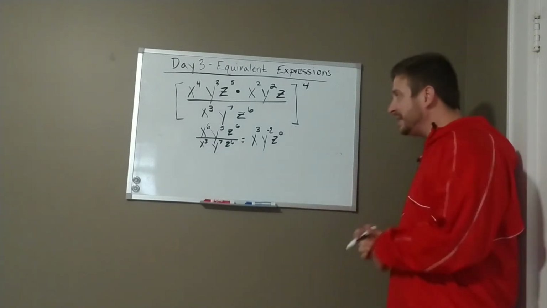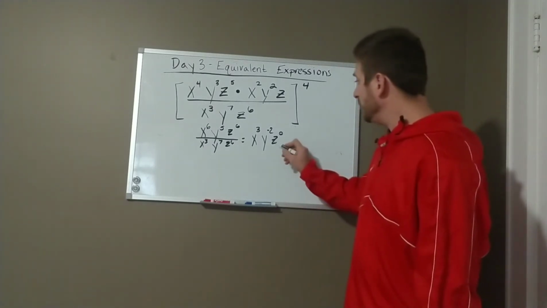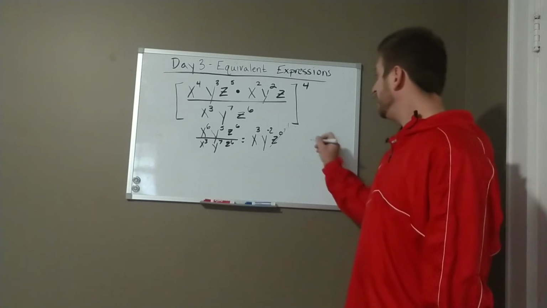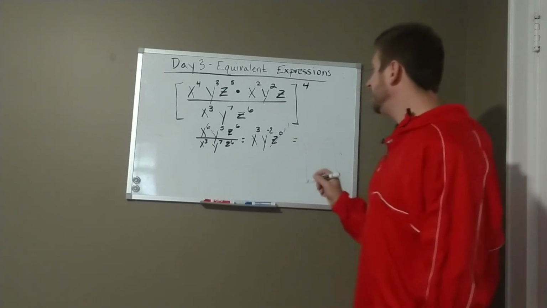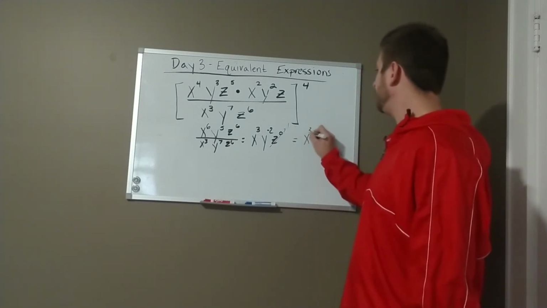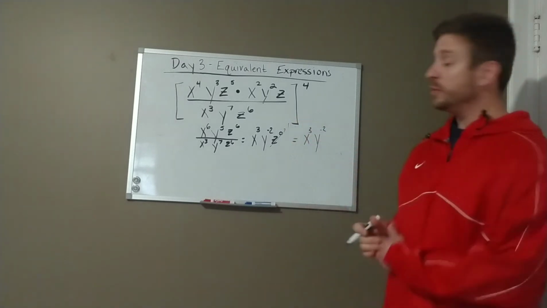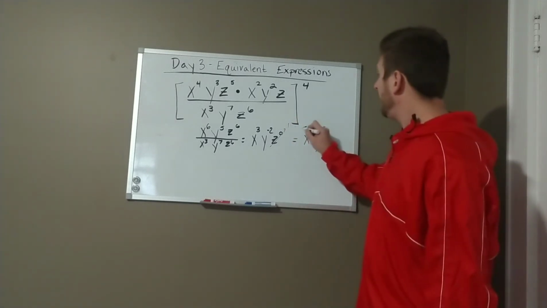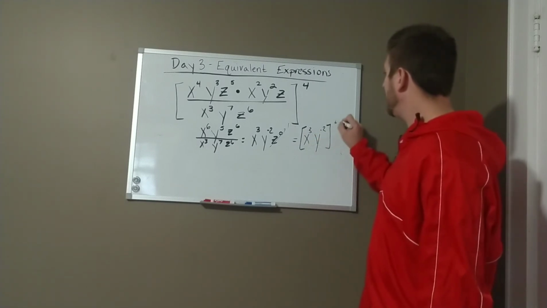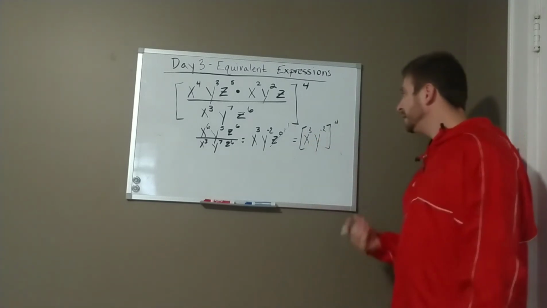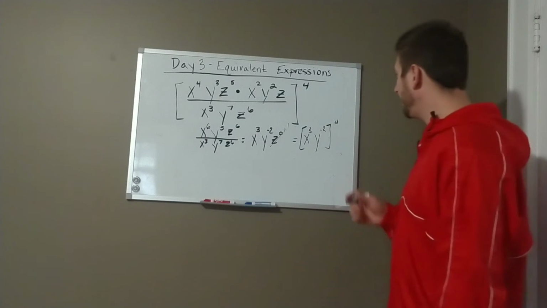Okay, guys, anything to the 0 power is just 1. So what we're left with here is x cubed, y to the negative second, z to the 0 is just 1, and all of that is being raised to the fourth power.